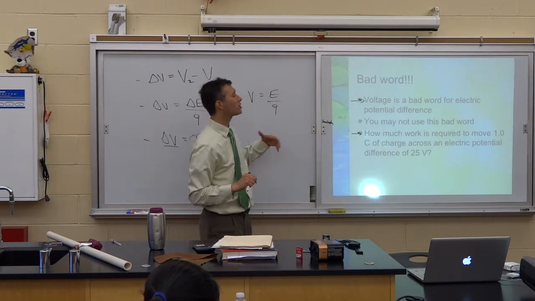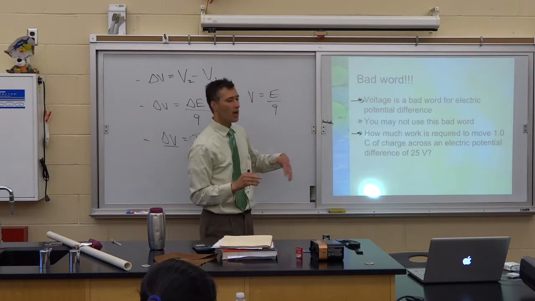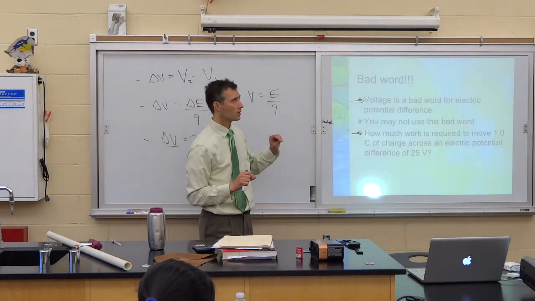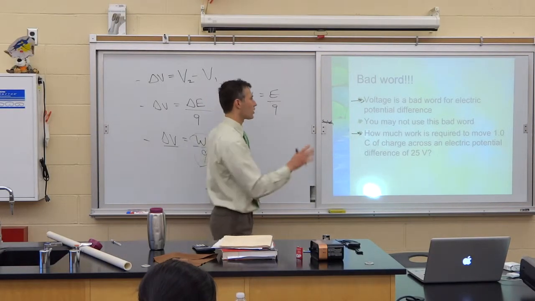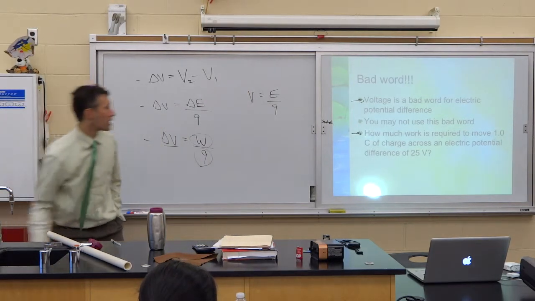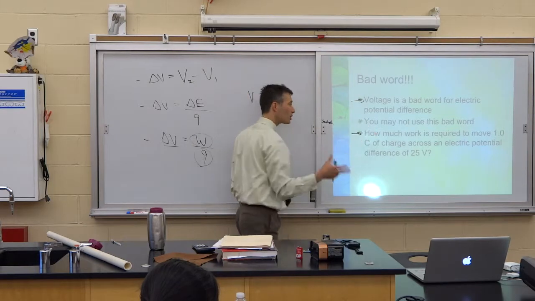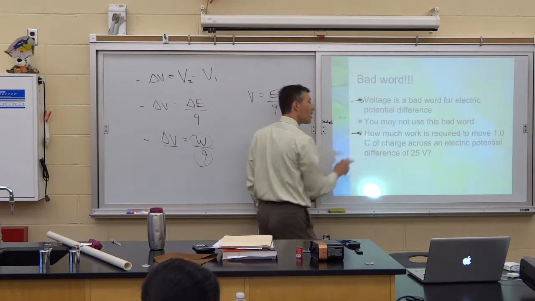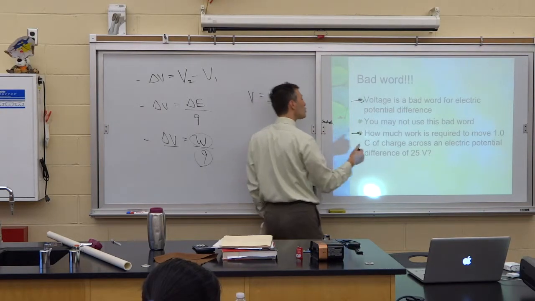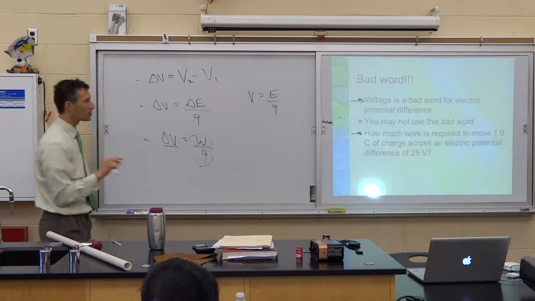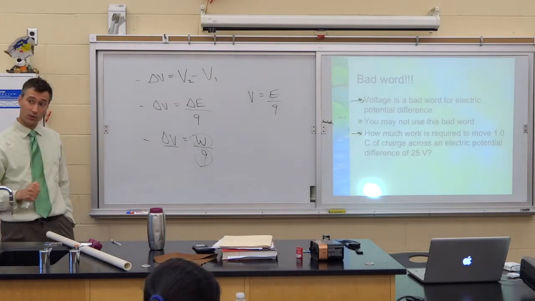Alright, so now that I got that little rant out of the way, let's do one quick calculation with electric potential difference and work and charge, and then we'll go fast through a couple of stories and then get to distributing some charges in a conductor. So in your foursomes, see if you can solve this. How much work is required if we're going to move 1 full coulomb of charge across a potential difference of 25 volts?